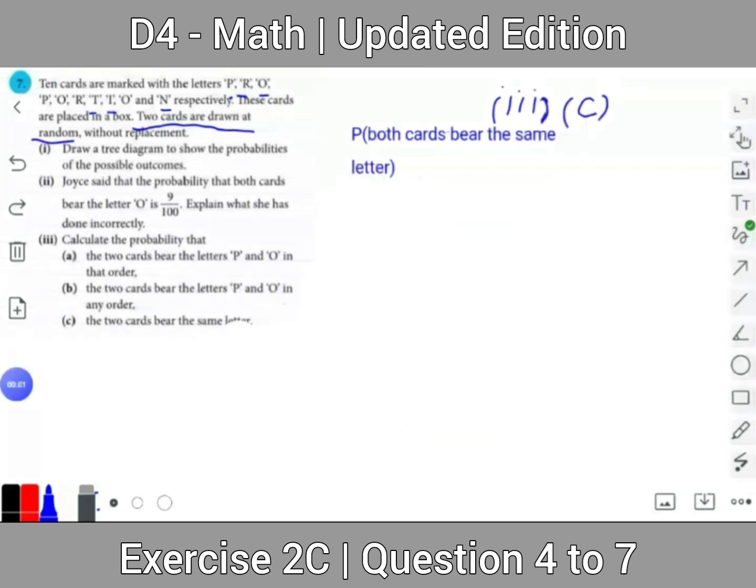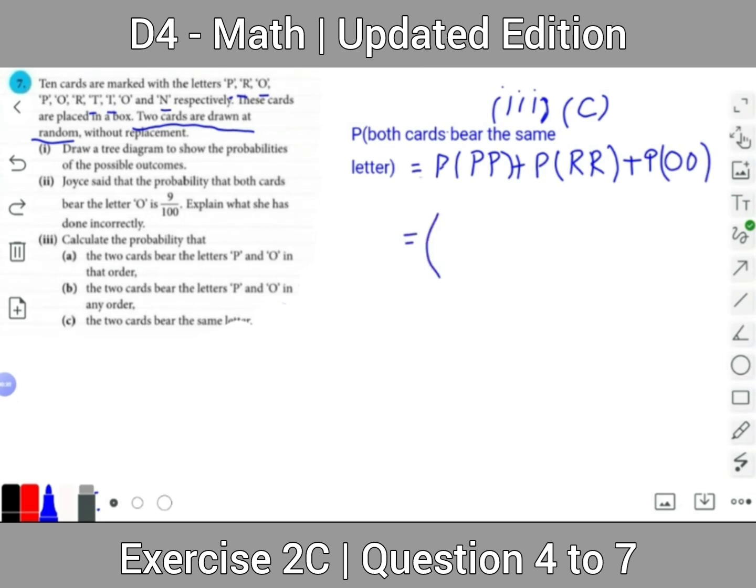We have to find the probability that both cards bear the same letter. So here we have the probability that both cards bear the letter P, both cards bear the letter R, and both cards bear the letter O. So here we will apply the multiplication law of probabilities.